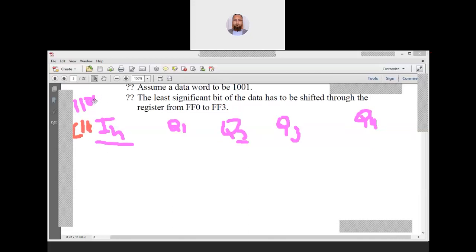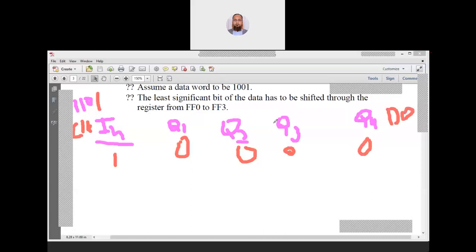Initially the data input will have 1. Initially all are 0, all are 0, all are 0, all are 0. This Q4 is also the data output.